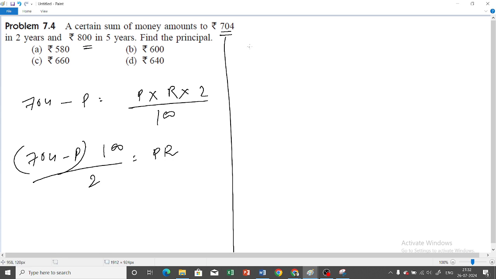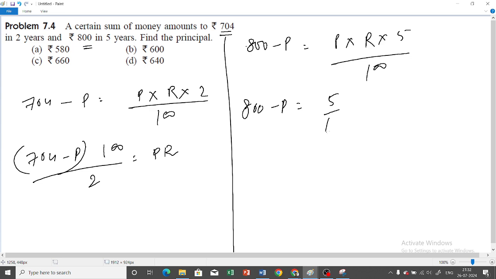Now for 5 years, it's going to be 800 minus P is equal to again P R into 5 divided by 100. Now 5 by 100 stored aside. What is PR? PR I can take from here. 100 gets cancelled out.